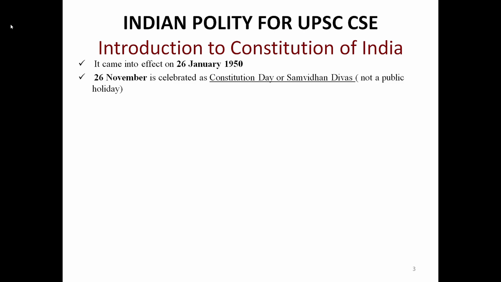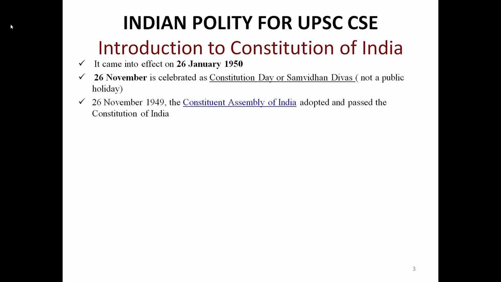The reason is this. On 26 November 1949, the Constituent Assembly of India officially passed the constitution. What exactly does the Constituent Assembly of India mean? The Constituent Assembly, in fact, was formed on 6 December 1946. What was its primary purpose?